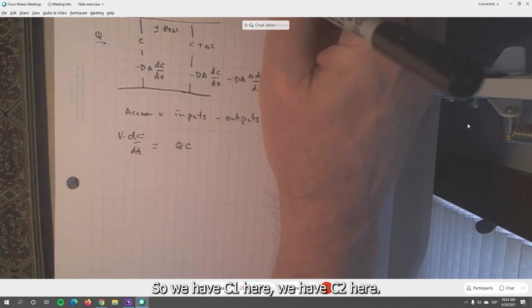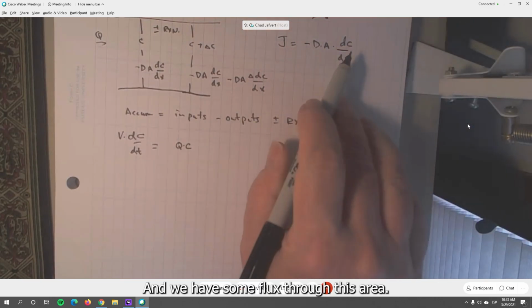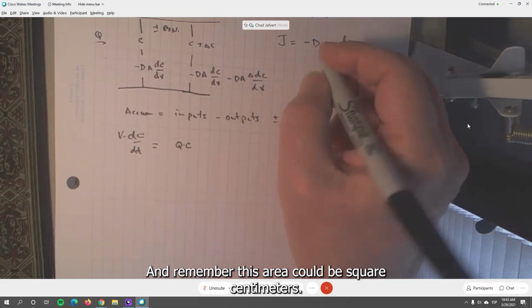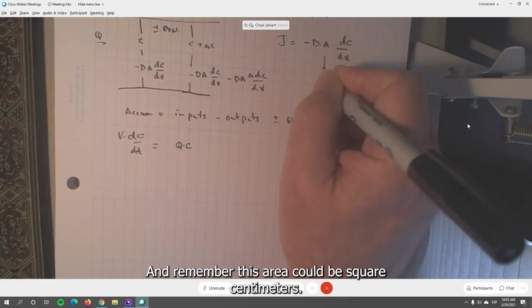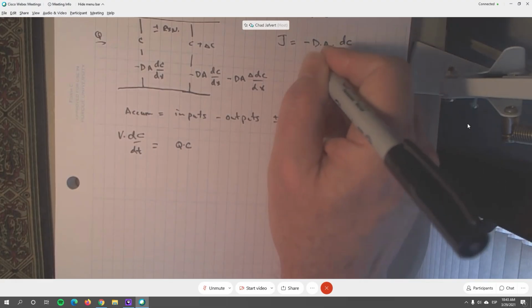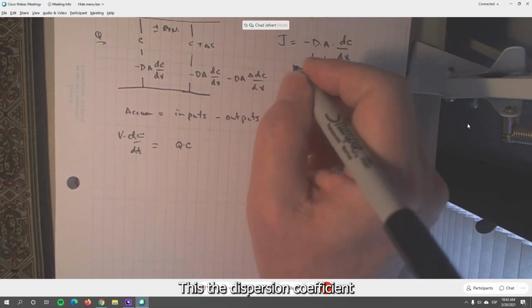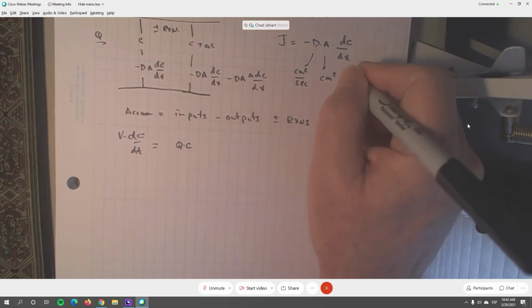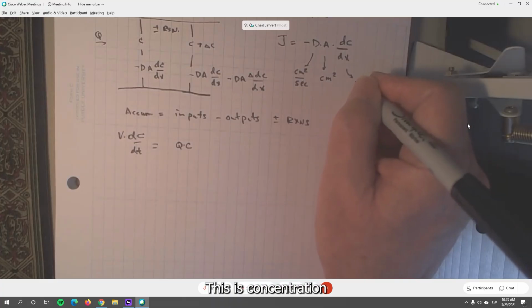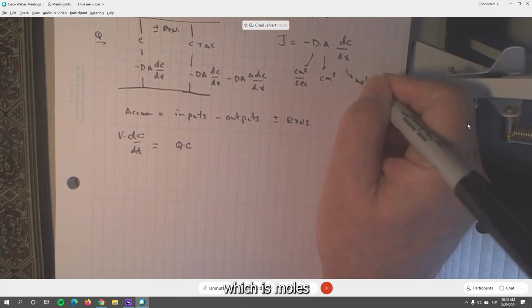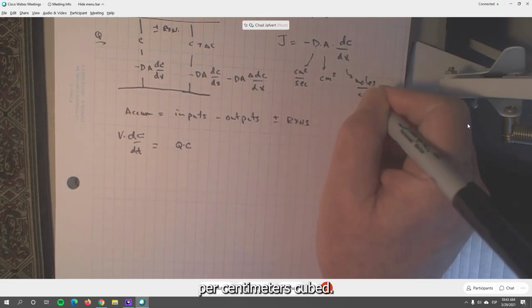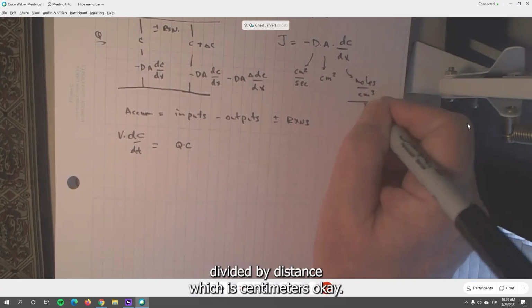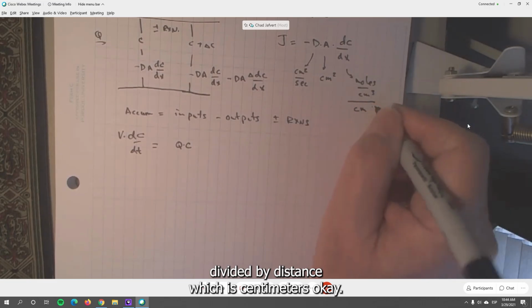So we have C1 here, we have C2 here, and we have some flux through this area. And remember, this area could be square centimeters. This dispersion coefficient is centimeters squared per second. This is concentration, which is moles per centimeters cubed, if I keep it all in centimeters, divided by distance, which is centimeters.